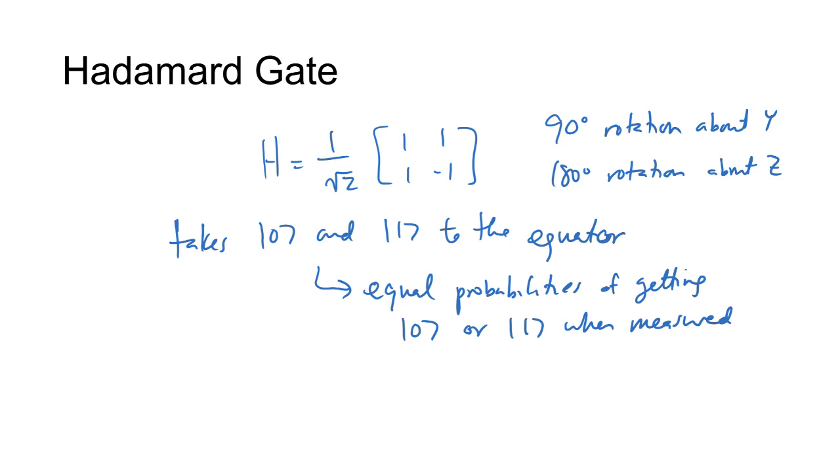And what does it do to 0 and 1? It takes them to the equator. So it creates a superposition such that you have equal probabilities of getting 0 and 1 when you measure it.